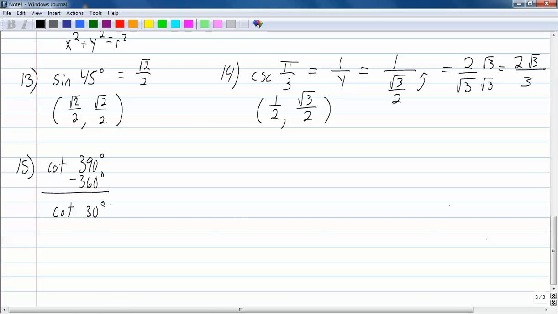Now, 30 degrees, we associate that with the point square root of 3 over 2, 1/2. Cotangent is x over y. So this is the square root of 3 over 2 over 1/2. Flip and multiply, the 2's cancel out, and I'm just left with the square root of 3.